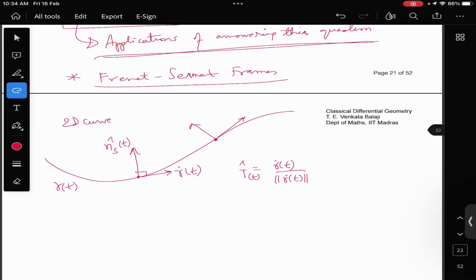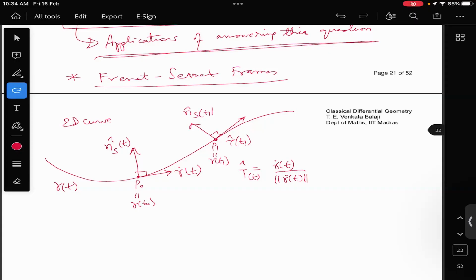So if this is some t1, this will be T cap at t1, and this is p naught, gamma(t naught), and this is, let us say, p1, gamma of t1. This is 90 degrees, and you are going to get N cap at t1.